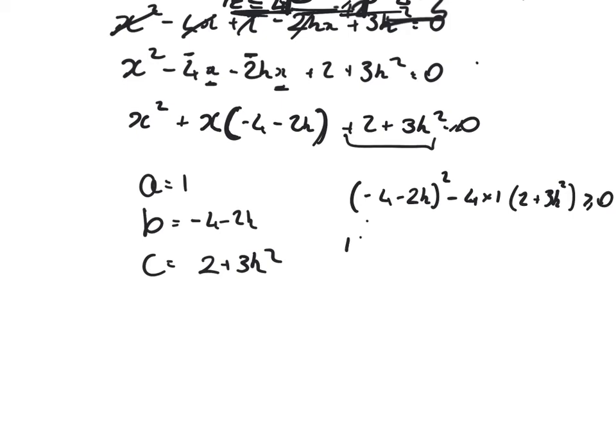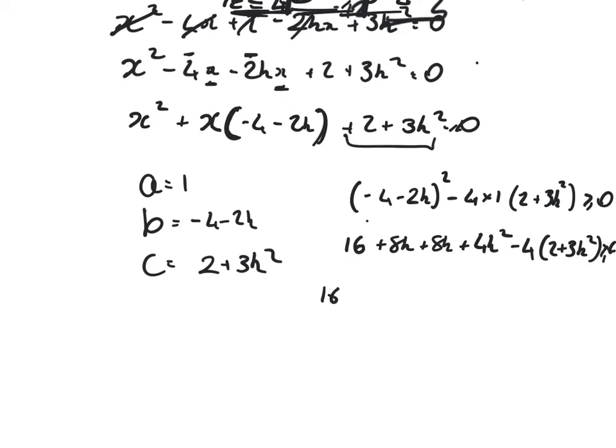So that's going to be 16 plus 8k, again plus 4k squared, minus 4(2 plus 3k squared) is greater than or equal to 0.